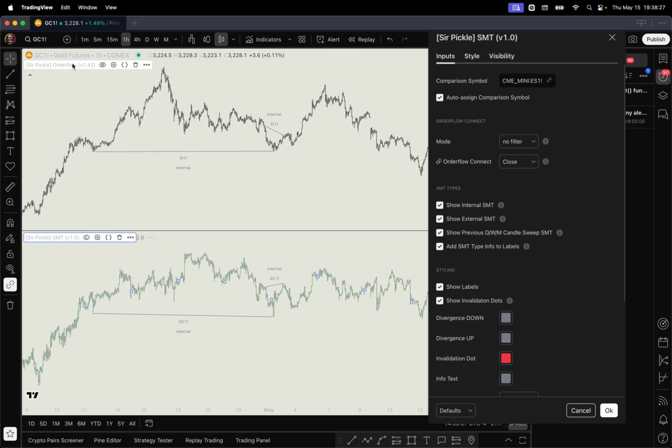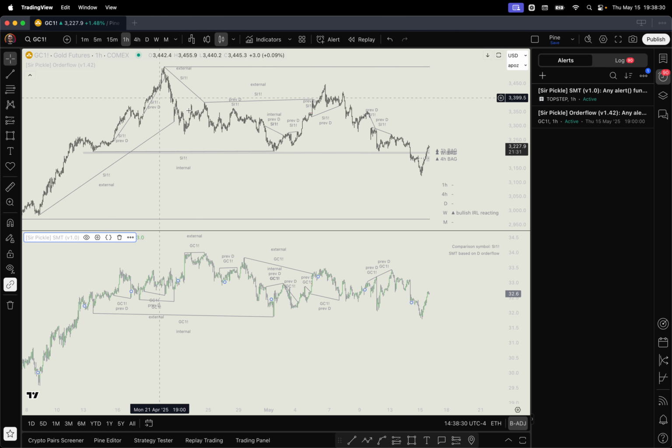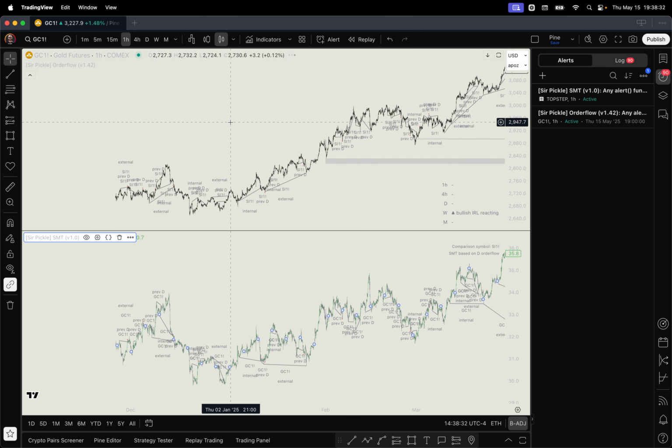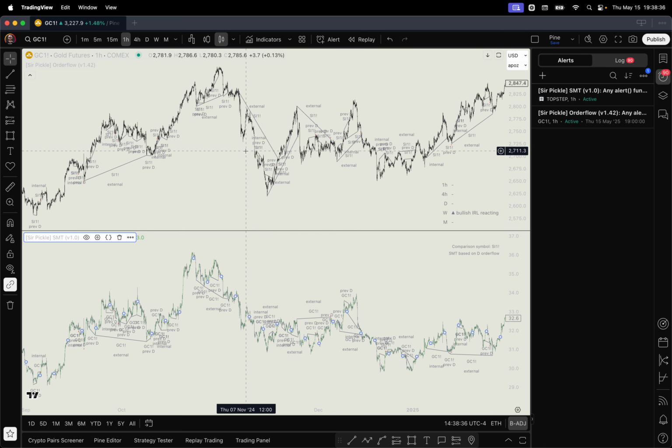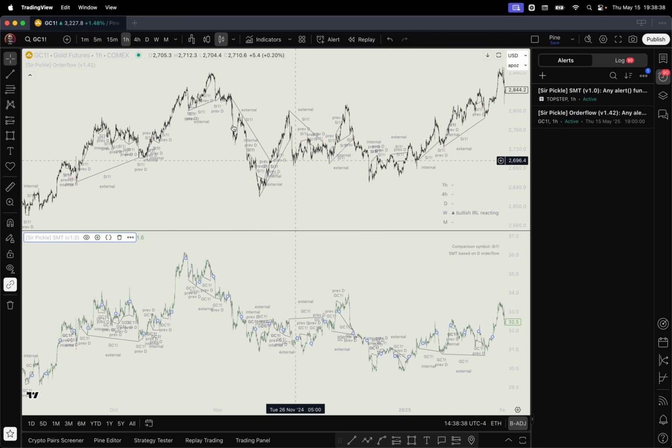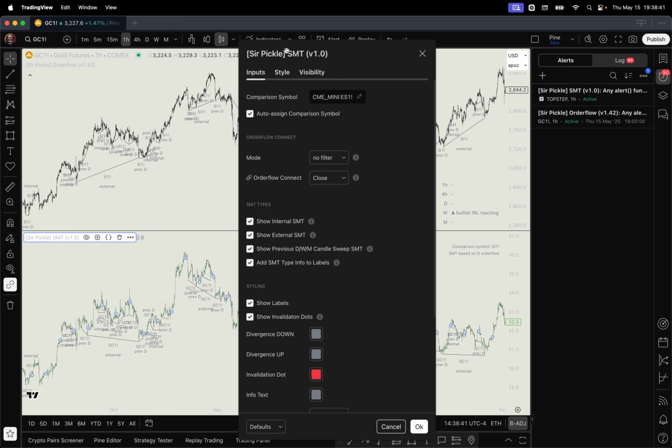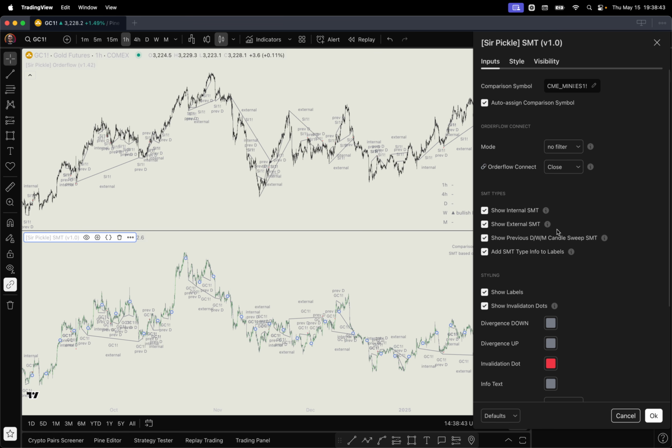So we have the order flow indicator here on the chart, and historically this order flow indicator has had information about do we go up or down. You see, if it's not filtered, it is a mess. It's a lot of information if we show all SMT types.